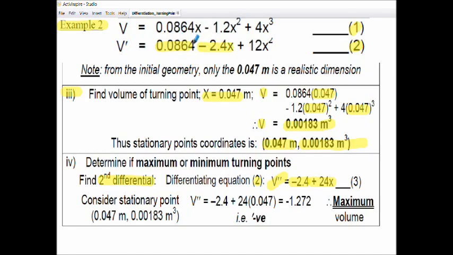Differentiate this, you get minus 2x and then the plus 24x. So that gives me the second differential. I've called that equation 3 here. And all I do now is put the value of x, which is 0.047 meters, into that equation and solve it. It gives me a value of negative 1.273. I'm not bothered about the magnitude. The fact it's a negative value means I have indeed got a maximum volume for these dimensions.